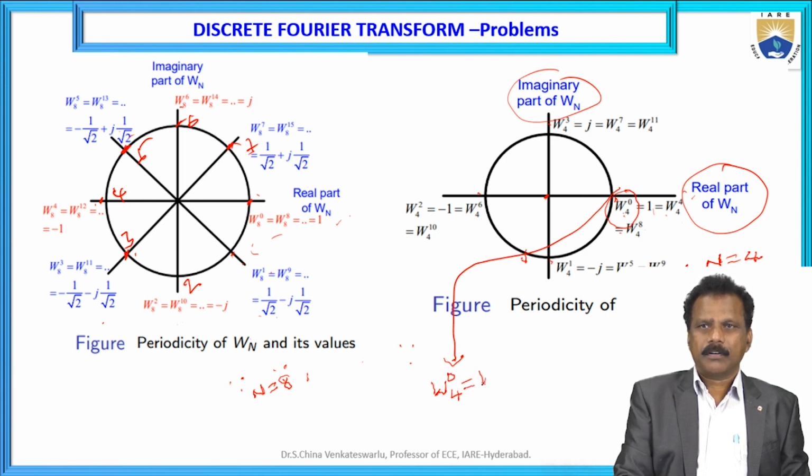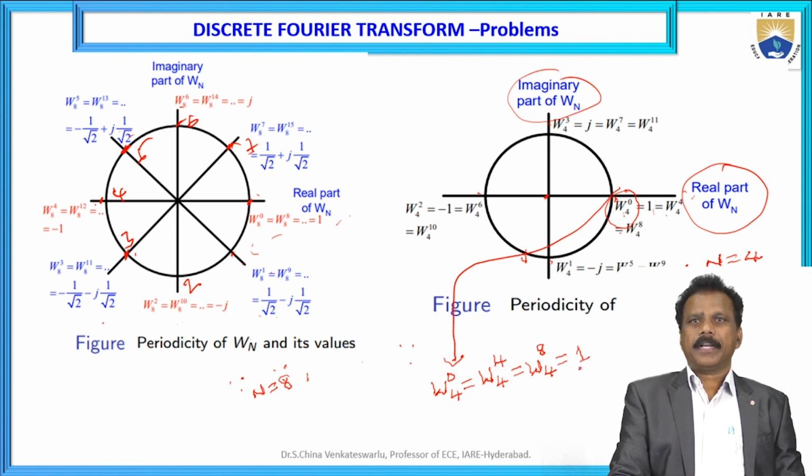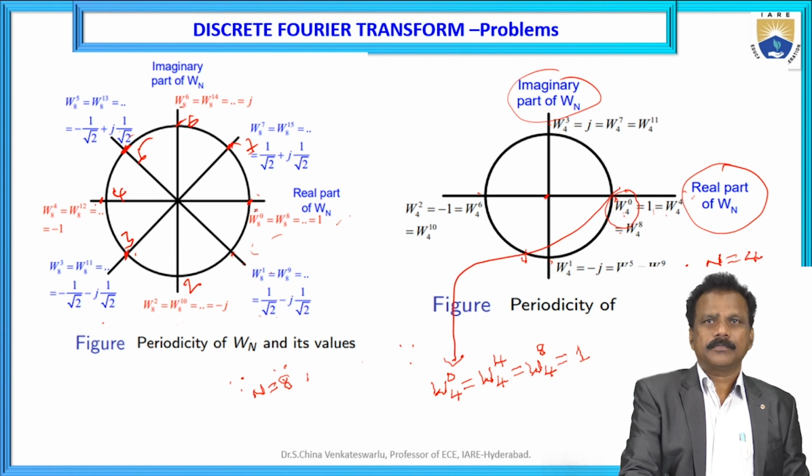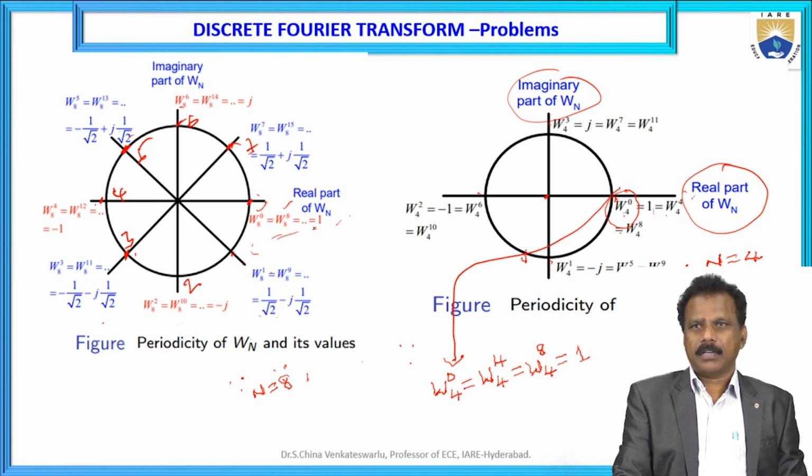Next, W4 with Kn equal to 4 is equal to W4 with Kn equal to 8. All are equal; the equal value is 1. Here also 8, 8, 8 and so on, here also 1.